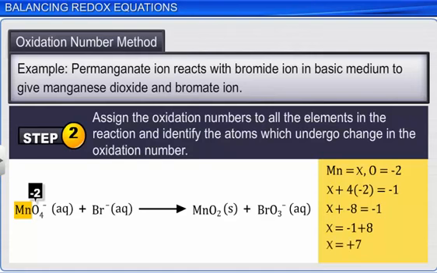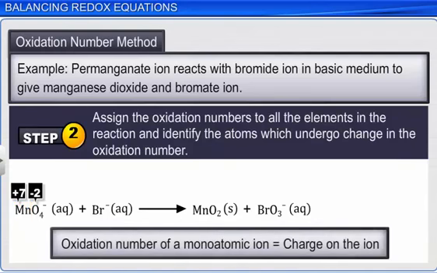Thus, the oxidation number of manganese is +7. We also know that the oxidation number of a monoatomic ion is same as the charge on the ion. So, in the case of bromide ion, the oxidation number will be -1.